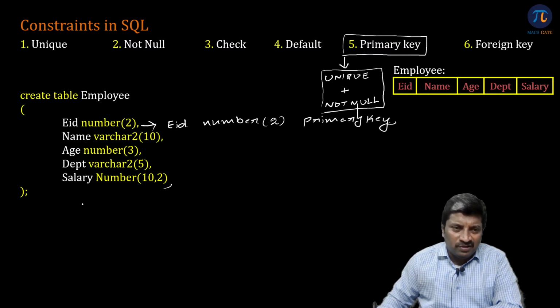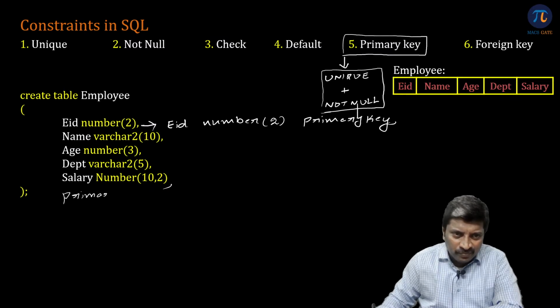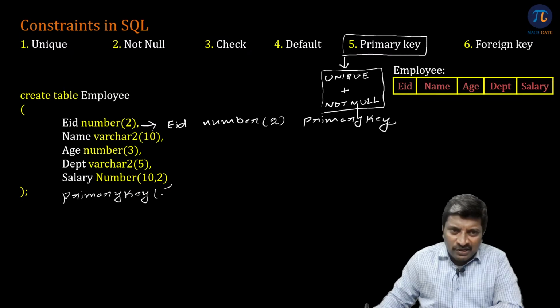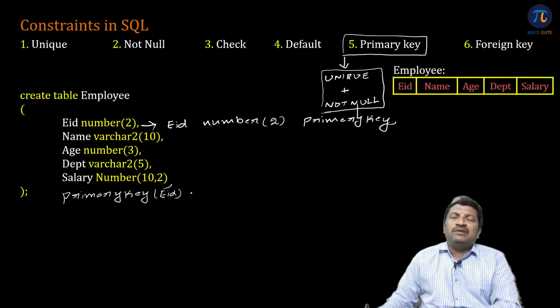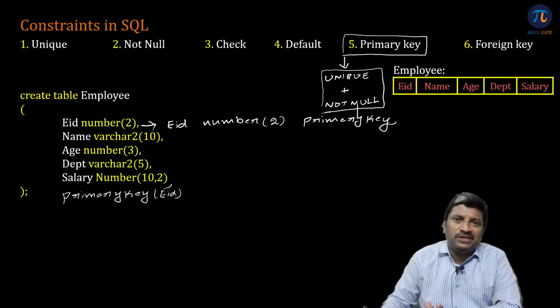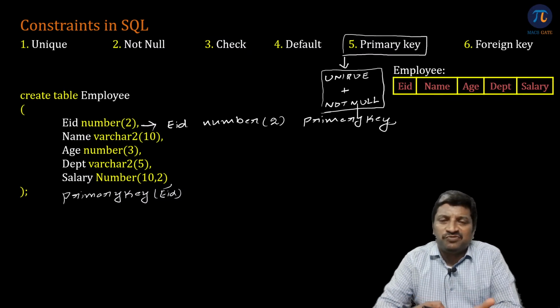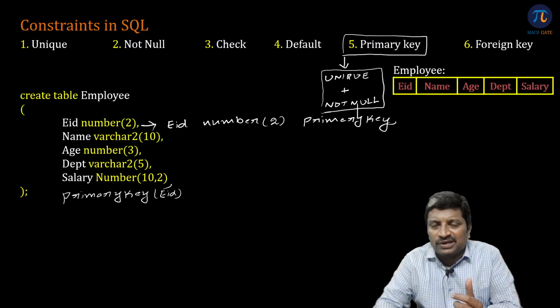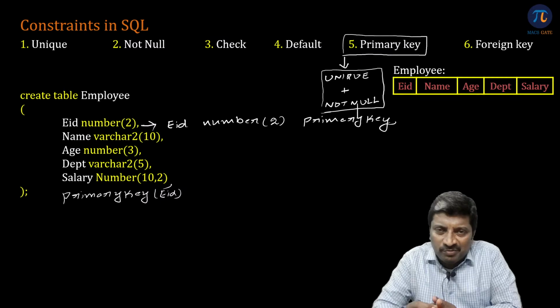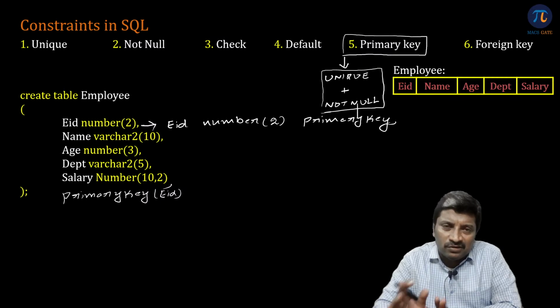Or instead of that, in the last line, we can specify primary key of employee ID. Whenever you specify it is a primary key, surely it will satisfy the constraints unique and not null, because according to the definition of primary key, it should be unique and not null. Hope you understood it, right?